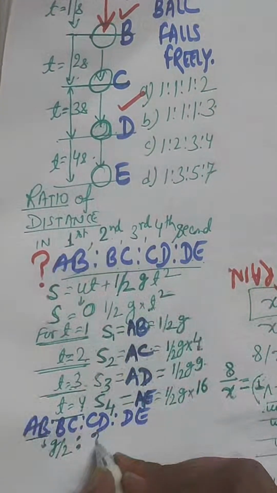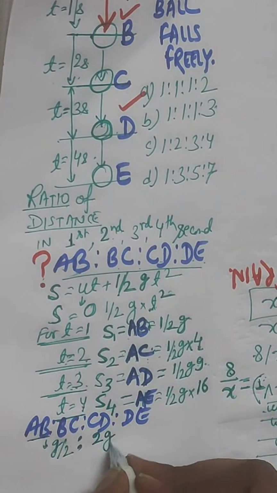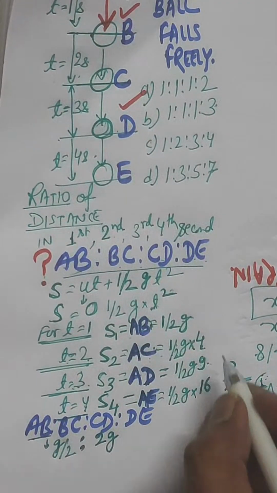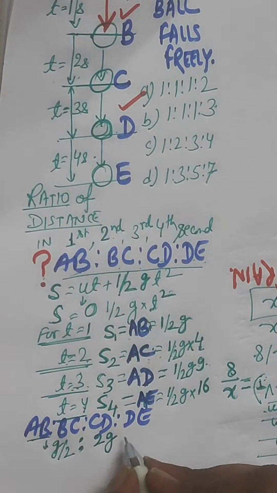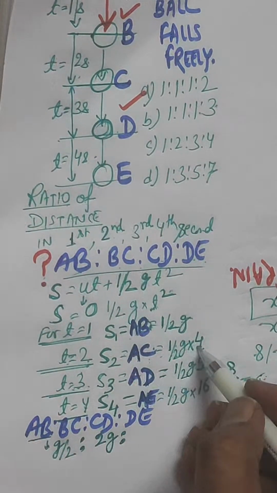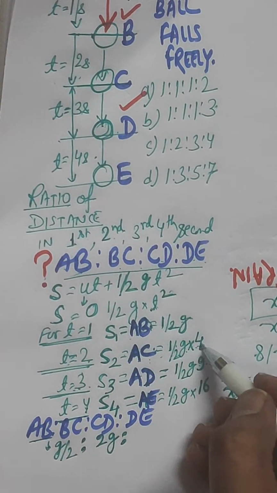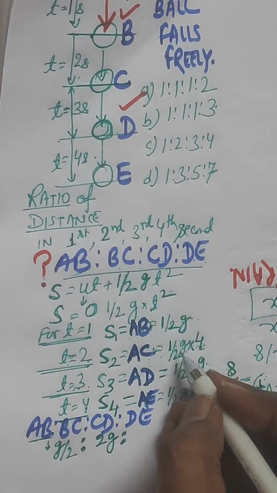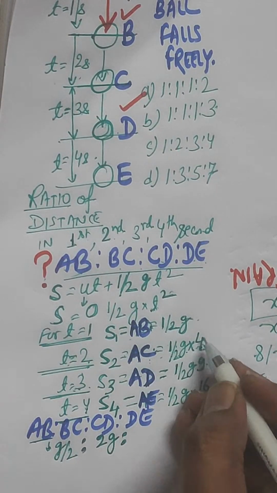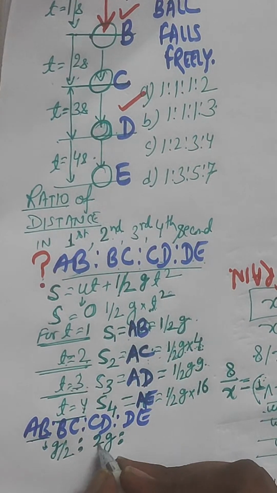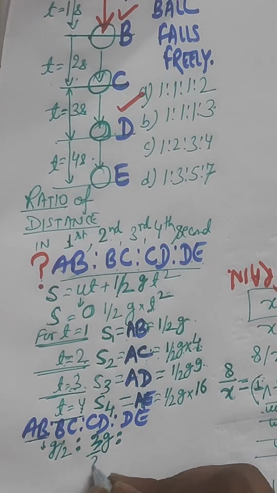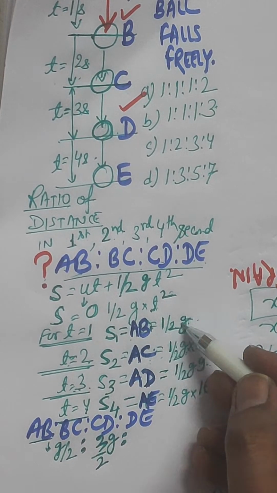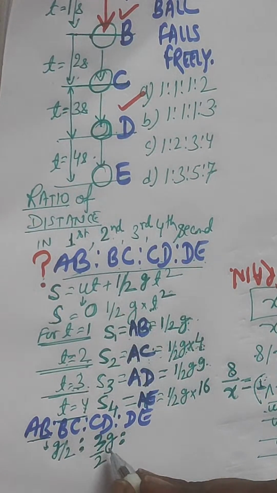Now again, you can see it will be half into g into 4, so 4 minus 1 will be 3, right? So it will be 4g by 2 minus g by 2, that is 3 by 2g. You can just subtract AB from AC. This will be 3 by 2g.